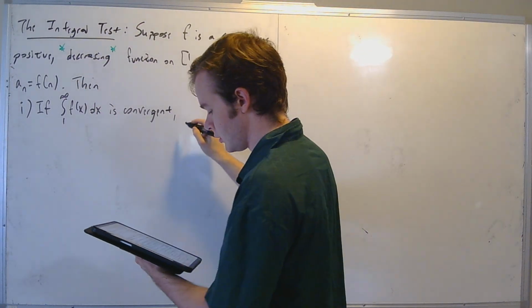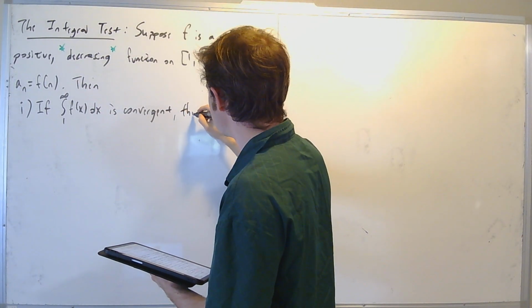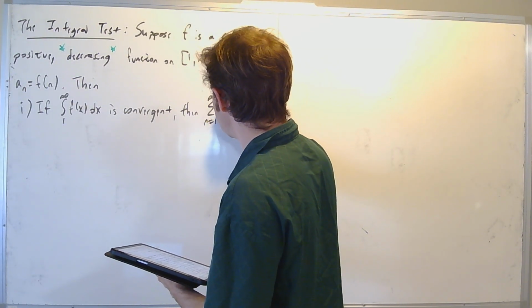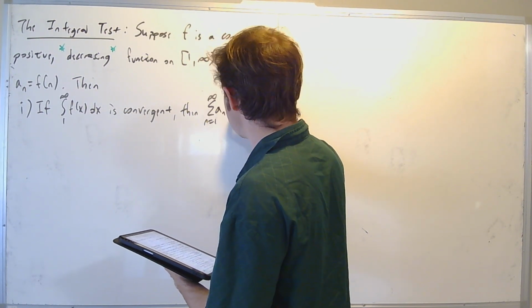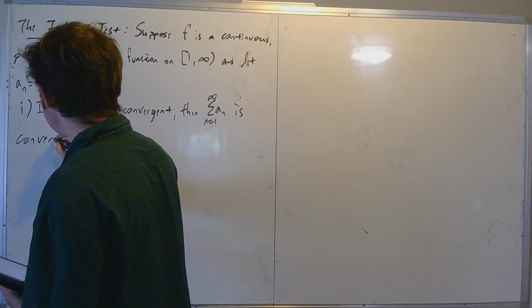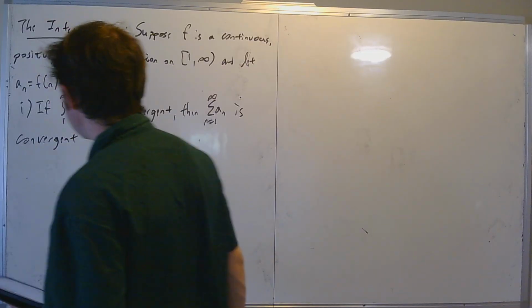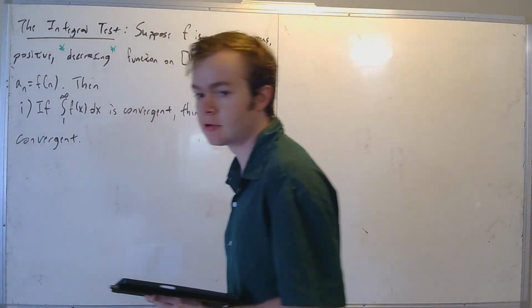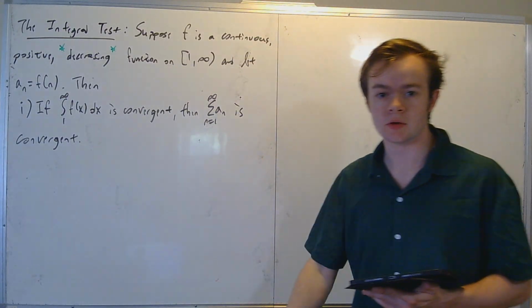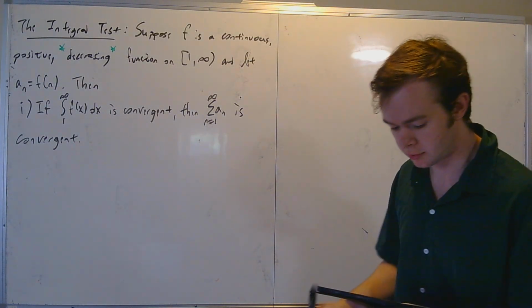This is going to mean then the sum from n equals 1 to infinity of a_n is convergent. Right, so this is very useful, right? Because if we can prove that our integral is convergent, then all of a sudden we know what to say about our series. We can say it's convergent.